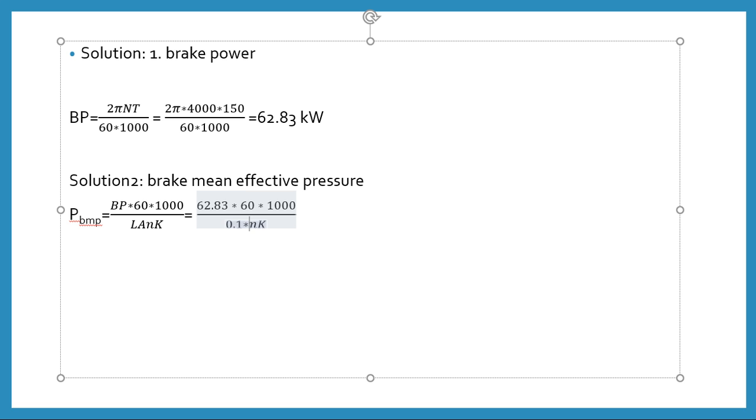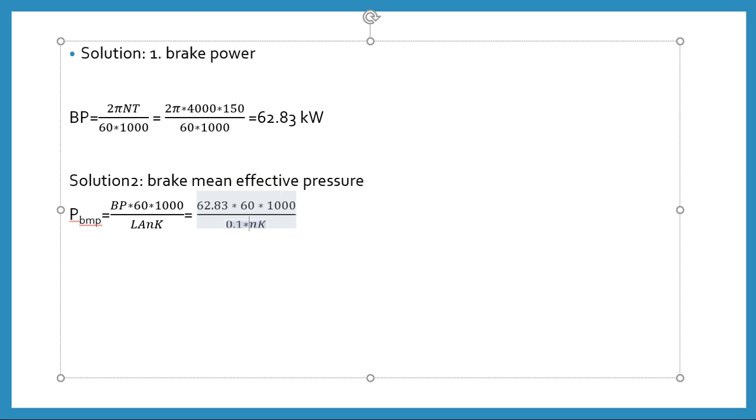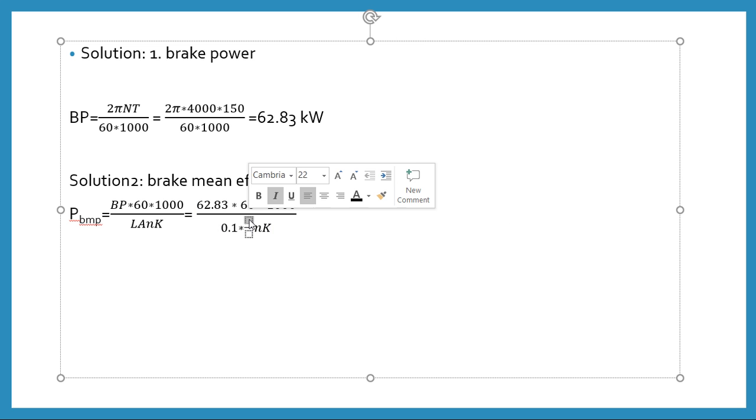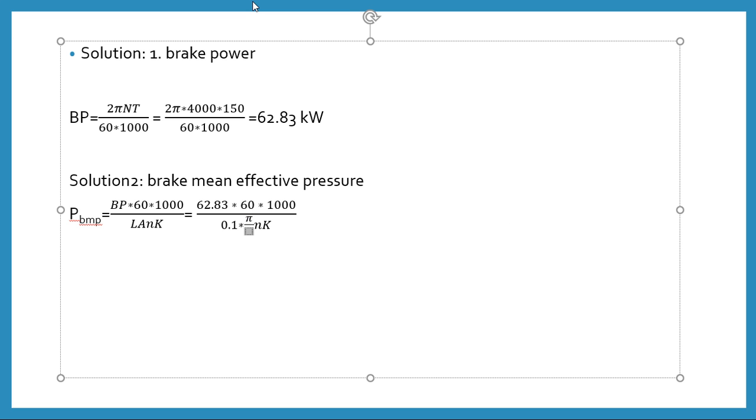Then the area is pi by 4 into d square. Here d is 80 millimeter, which converted is 0.08, so 0.08 squared.